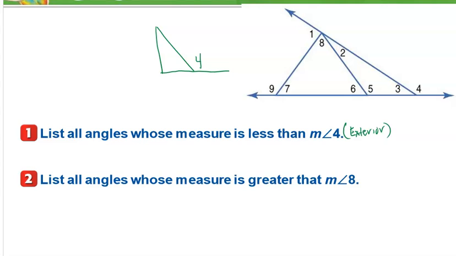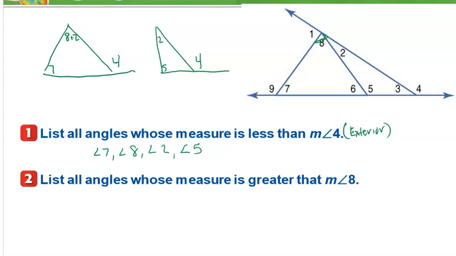You've got a 4 here, a 2, and a 5 right there. 4 is also exterior to this big triangle right here, so it's exterior to the angle that's 8 plus 2, both of those together. And then it's bigger than 7. So the angles that are smaller than angle 4 are angle 7, angle 8, angle 2, and angle 5.